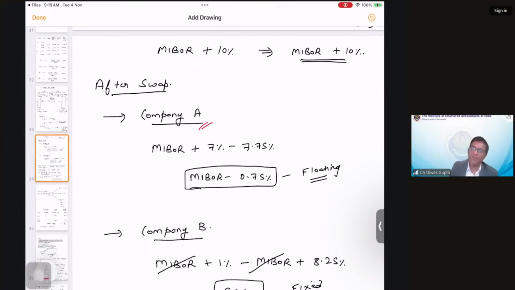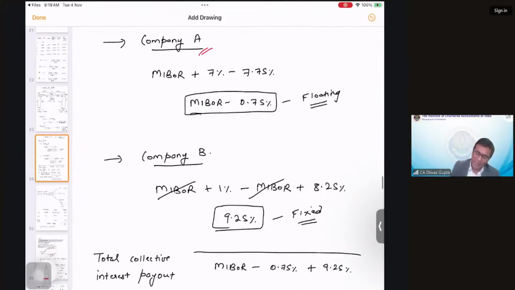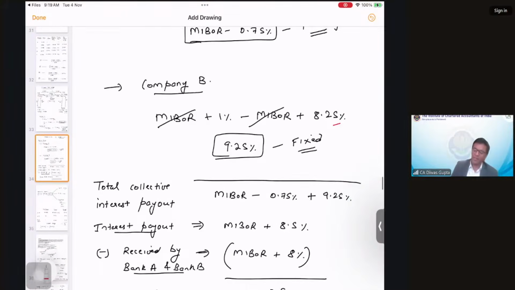And for company A, it becomes the floating rate. For company B, MIBOR is being paid, MIBOR is being received, so that gets cancelled out, and 1% and 8.25% in totality bring out the 9.25% as the fixed, right? So the total collective interest payout will be MIBOR minus 0.75 plus 9.25. So that means the overall interest payout will be MIBOR plus 8.5.